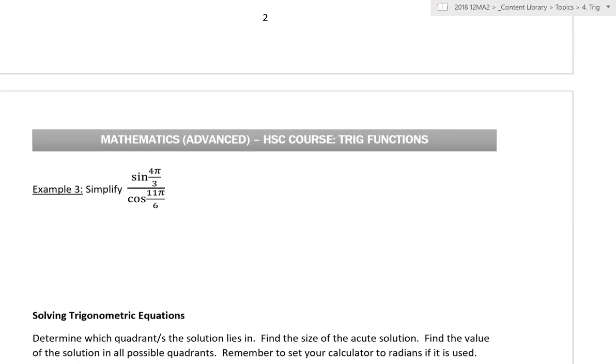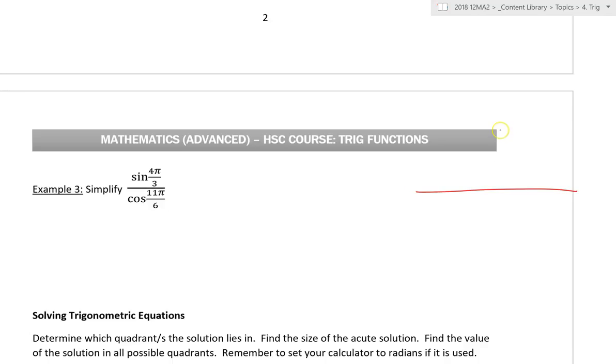I think we've got an example here. I want to simplify this expression. Neither of these are acute angles: 4 pi over 3 is not an acute angle, and 11 pi over 6 is not an acute angle.